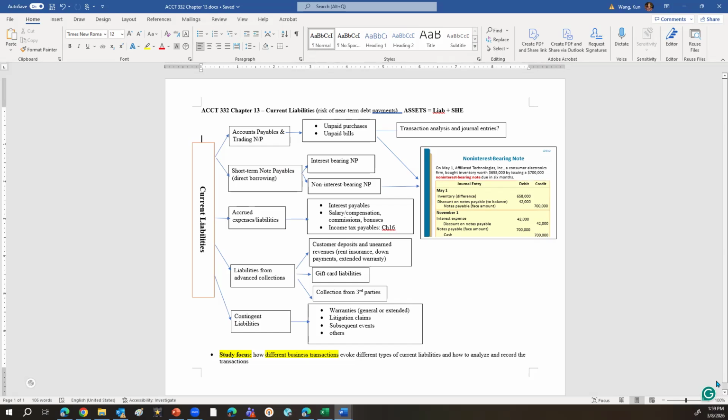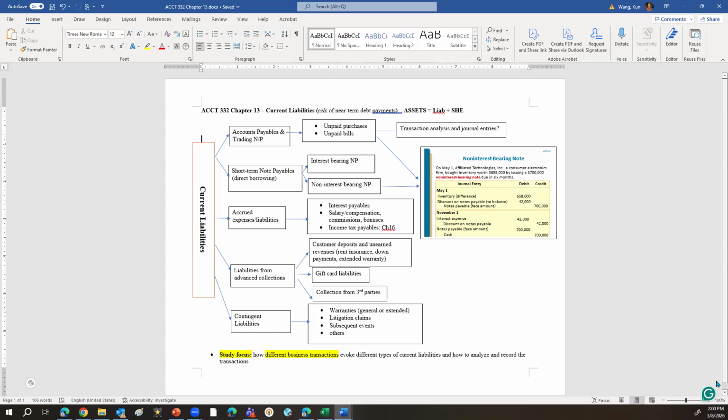When you sell a gift card, like $100 or $50, and collect the cash, we cannot recognize it as revenue yet because that's not the time the customer uses the gift card to purchase. So we have to record a gift card liability, something similar to unearned revenue.